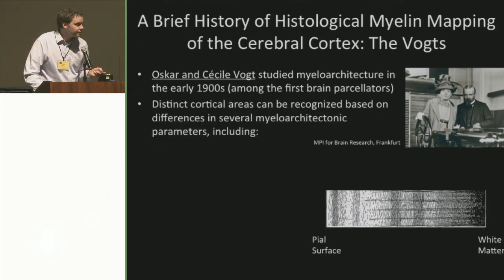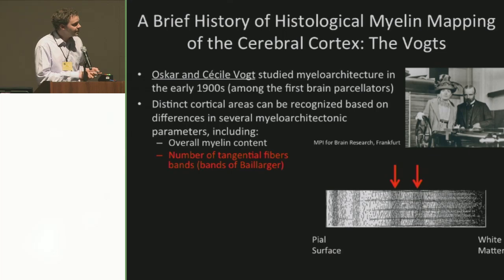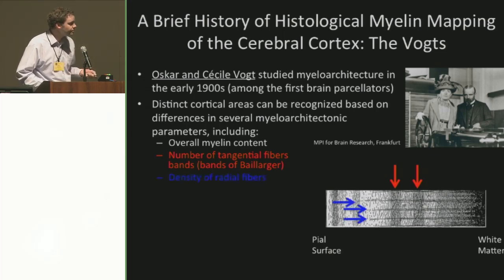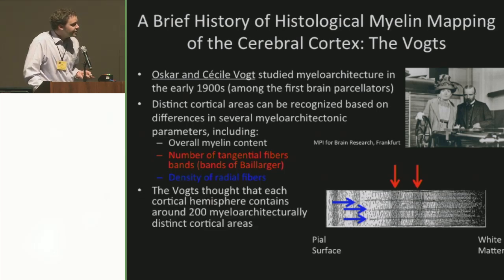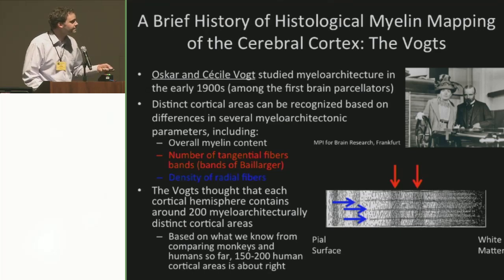They recognized distinct cortical areas based on differences in several myeloarchitectonic parameters, including the overall myelin content, which would be sort of like the average of this entire histological slice here, the number and strength of the tangential fiber bands, the bands of Baillarger, and the density of radial fibers, which are these that are coming up from the white matter towards the pial surface. The Vogts thought that each cortical hemisphere contains around 200 myeloarchitecturally distinct cortical areas, which, as may have been said earlier by David, based on what we know between monkeys and humans, seems about right.